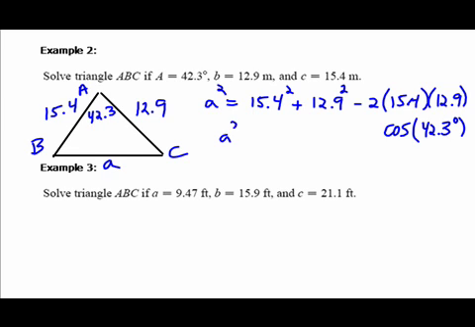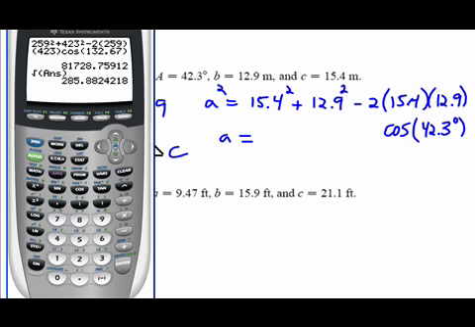So we get an A squared value. Well, I'm not going to write A squared; our calculator will have A squared. We'll go in here and take 15.4 squared plus 12.9 squared minus 2 times 15.4 times 12.9 times the cosine of 42.3. 447 point some decimal.